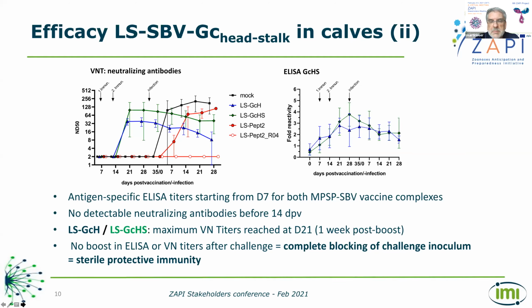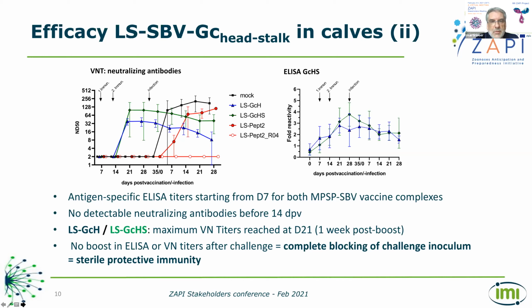The ELISA is a little bit more sensitive, and I'm pretty sure that if we would have waited a week longer or so, we would have seen also neutralizing antibodies. After the booster immunization, we see very nicely coming up both the neutralizing antibodies and the ELISA Qc specific antibodies.